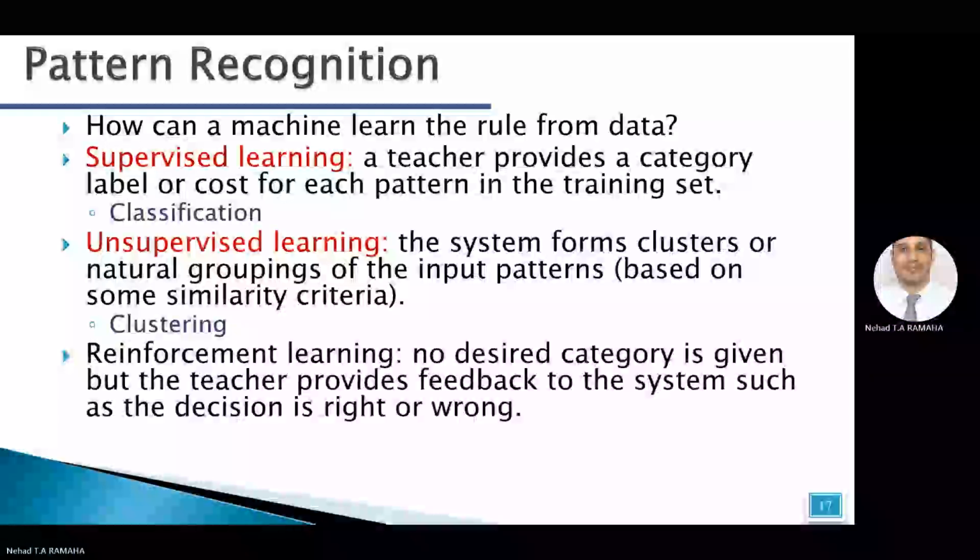Okay. For clustering, unsupervised learning, we give the data and our aim is not to classify future objects. No, our aim is to ask the machine to classify this data.